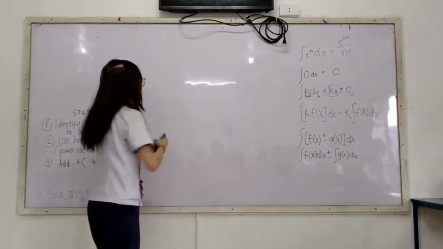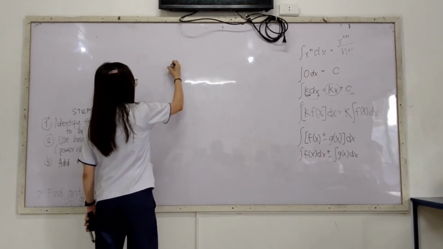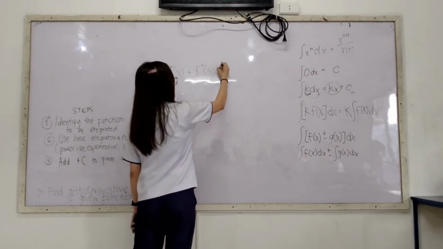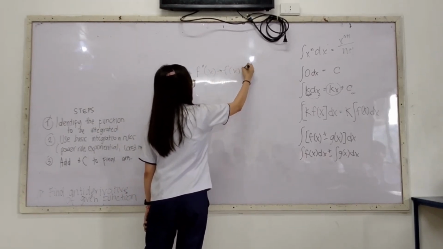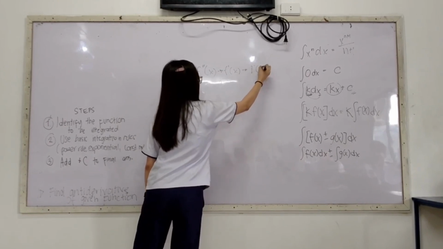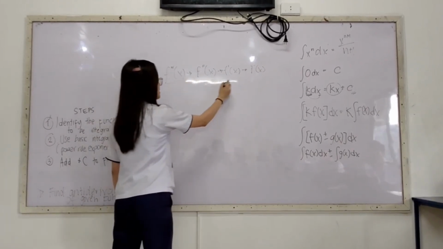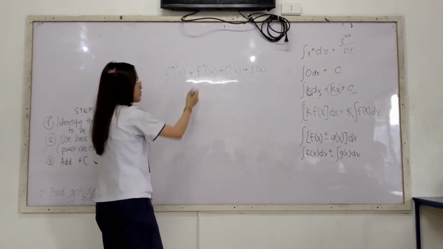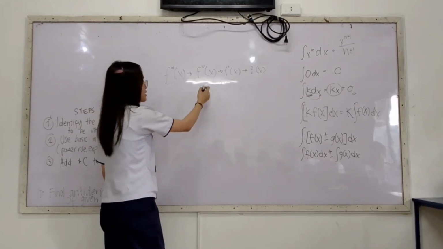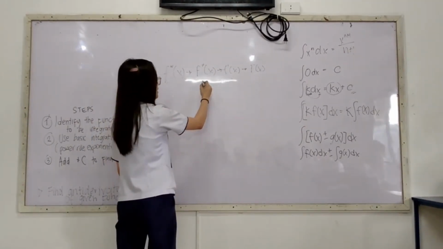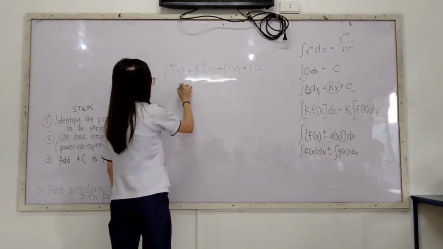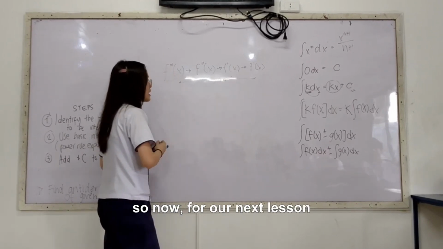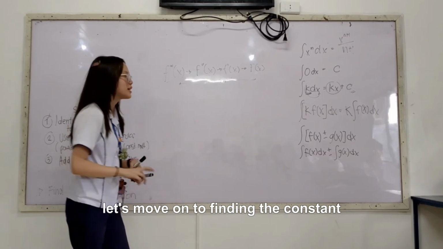Because earlier, as I showed in the video, from the third derivative to the second derivative, to the first, and to the antiderivative, what we did is we derived first, and then we went from the process of differentiation to the process of integration, which is finding the antiderivatives, which is we went left. So now, for our next lesson, let's move on to finding the constant.